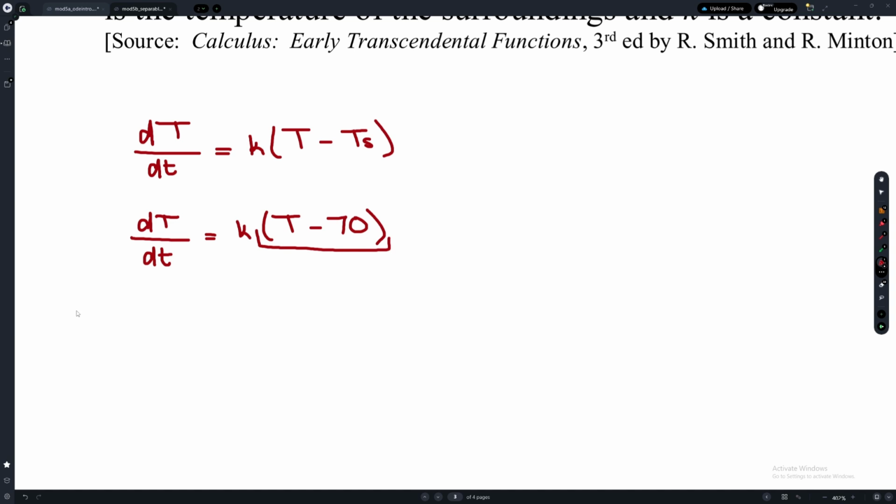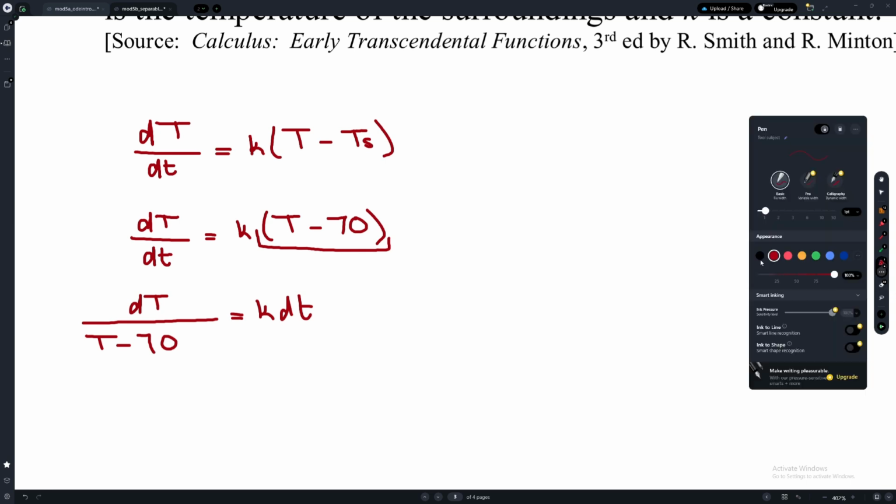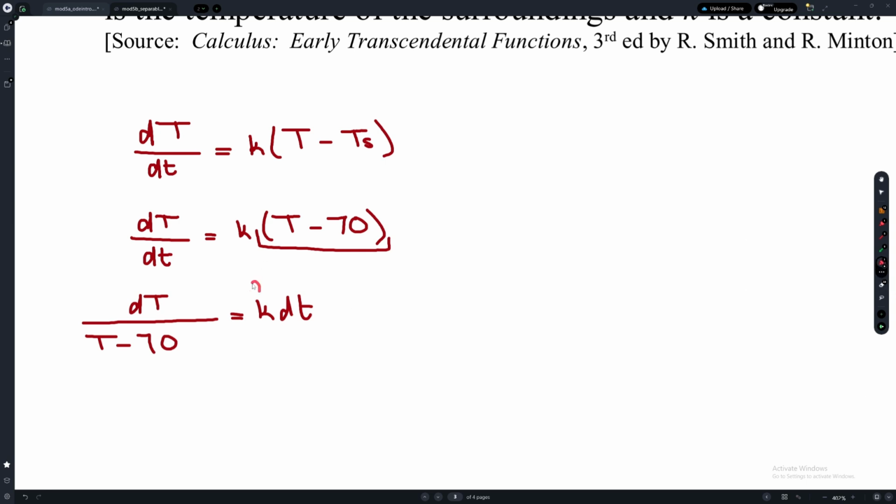So we'll have dT all over (T minus 70), and that would equal, we take dt on this side, so the k stays, and we have k dt. Now, just like we've been doing the whole time, we're going to integrate. So integrate this and integrate that.